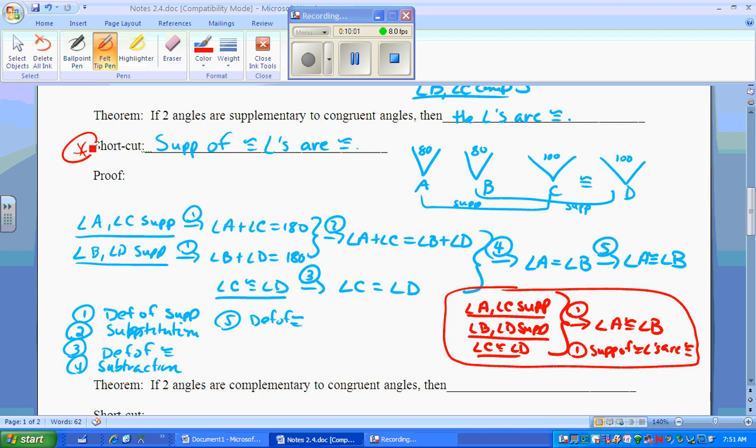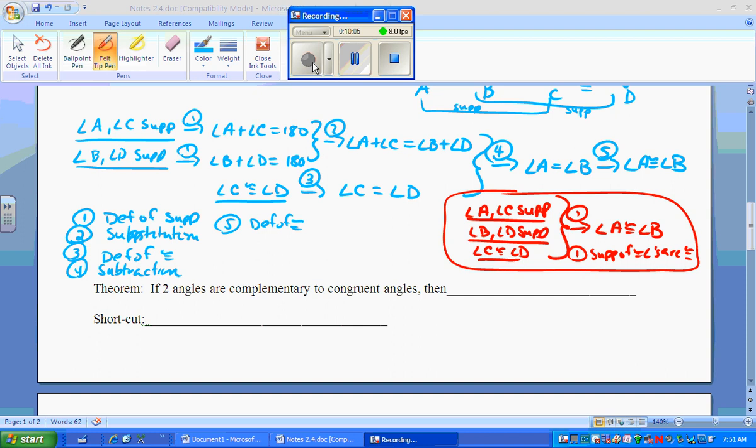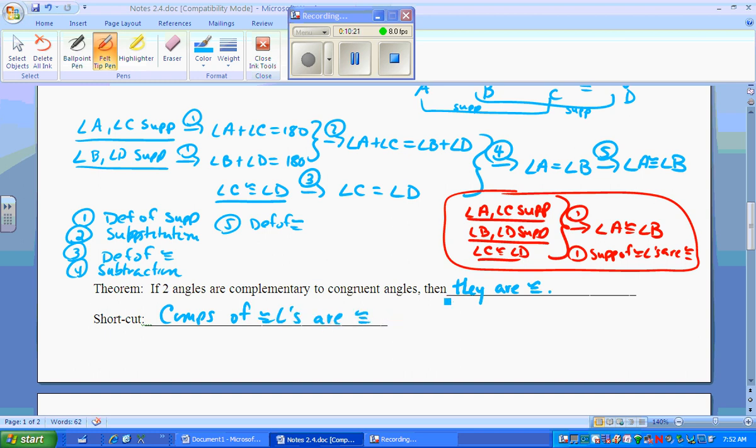All right. Now let's move to the same theorem but using complementary. So the last theorem is if two angles are complementary to congruent angles, then they are congruent. So complements of congruent angles are congruent.